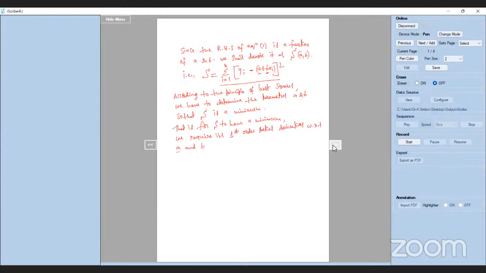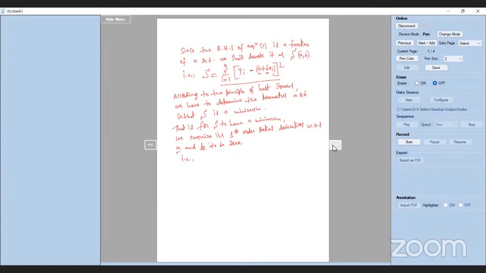Two parameters A and B are there, so we differentiate this partially with respect to A and B, to be 0. The value is minimum means the derivatives are 0. So for S to be a minimum, we require that the first order partial derivatives with respect to A and B be 0. This is the condition.